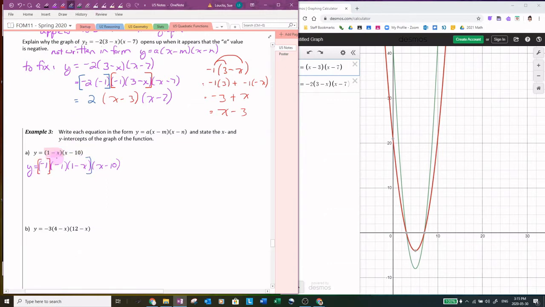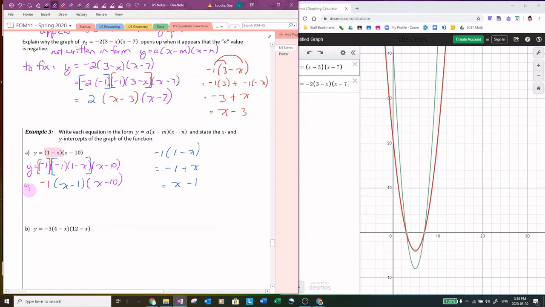The -1 is going to stay there. I'm going to combine these two, that's why I put the -1 in. So -1 times (1 - x) becomes -1 + x, which we write as x - 1, and I'm going to put that back here. And this is -1, and this is x - 10.